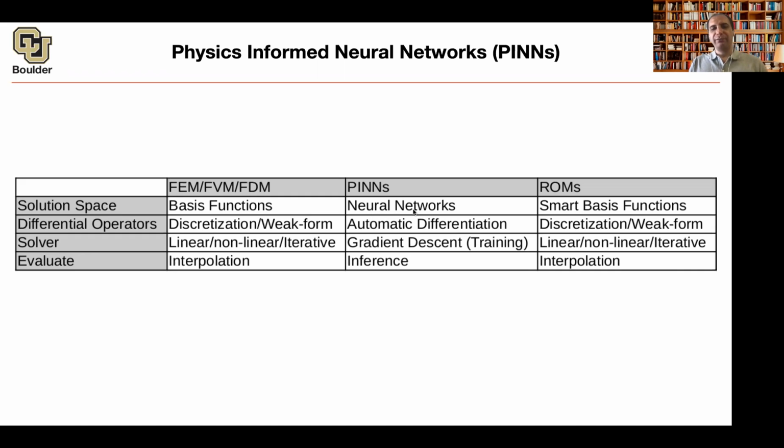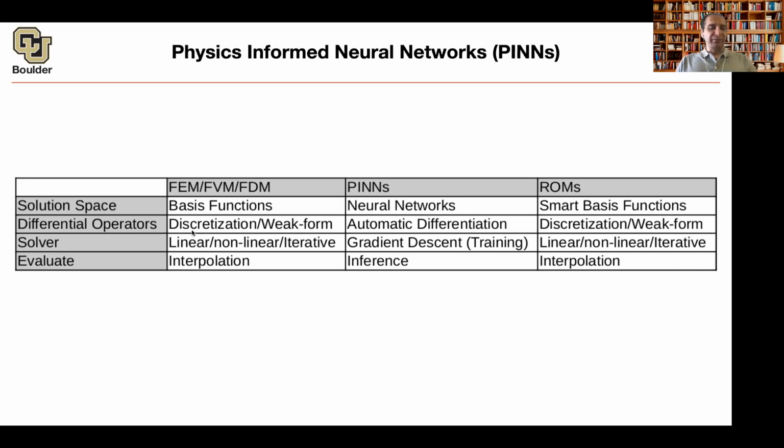Here, the degrees of freedom are the weights and biases of your neural network. So if you have a very complex dynamics, maybe a chaotic dynamics or a solution that has jumps in it, perhaps going deeper in your neural network or making it wider is going to help you approximate those types of functions. So you need to increase the solution space.